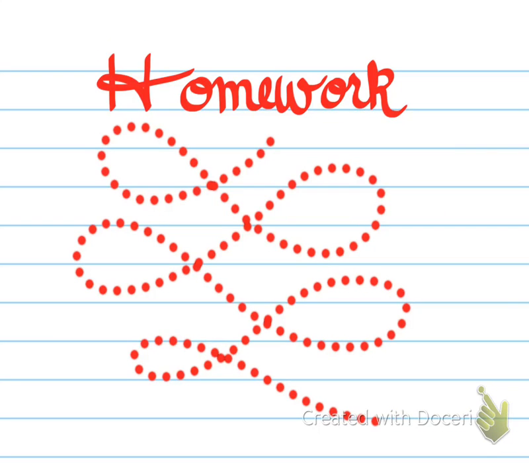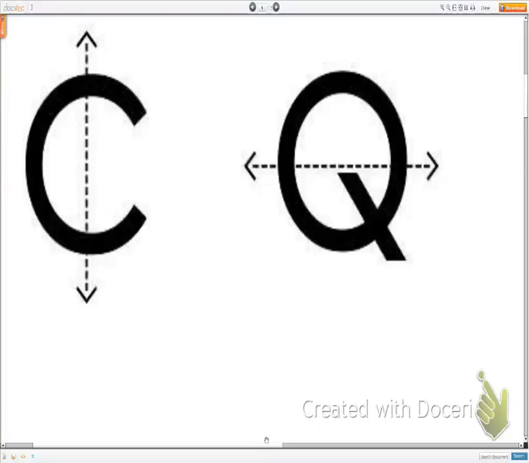Okay, and here's the part of the homework that you need to actually bring into class tomorrow. It's not very many problems at all. All right, now you're going to write down if the dashed lines over both of these letters are the lines of symmetry.